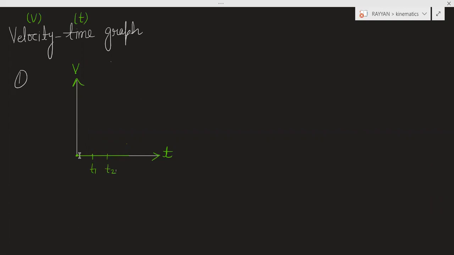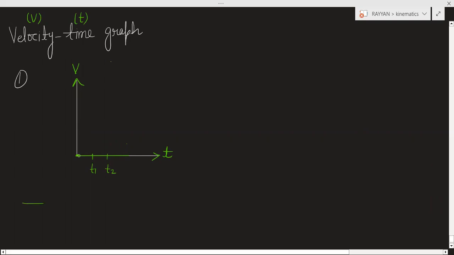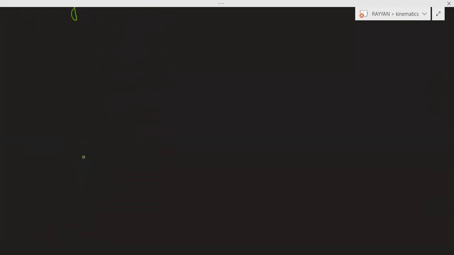Time is passing but the velocity is zero. It means the body should be at rest. So the conclusion is body is at rest. So this was the simplest of all. Second type of graph.